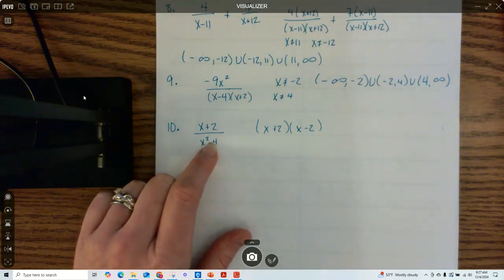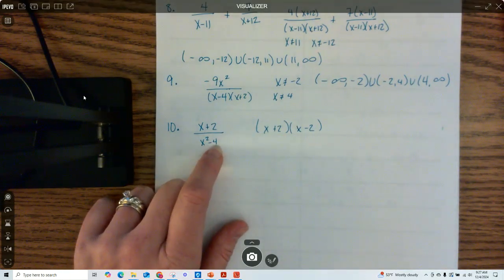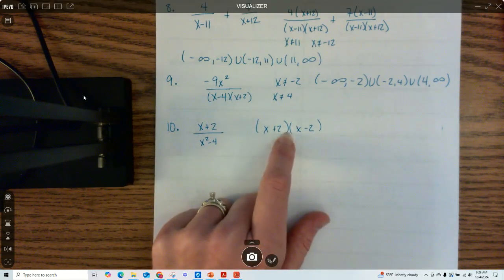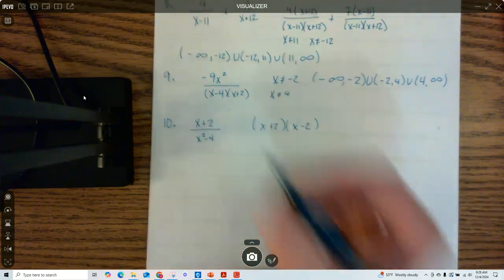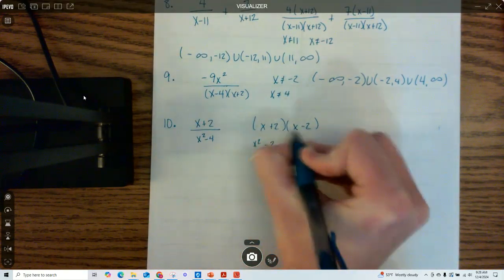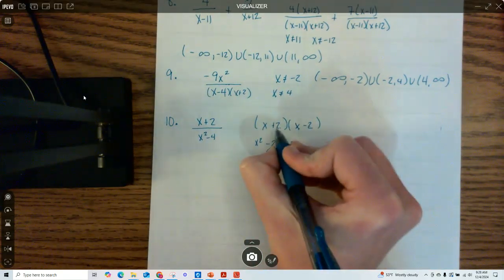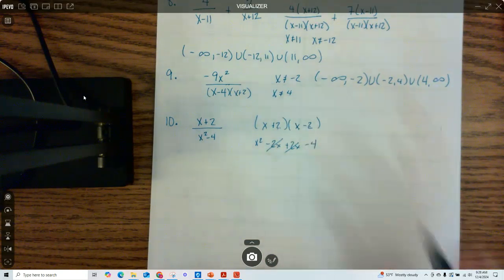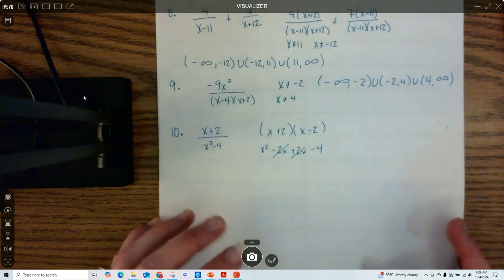A lot of times kids go, oh, I can't factor that. Anytime you have one like this, and it's minus, and then this number is a perfect square, you can factor it like this. And so if you multiply this back out, x times x is x squared, x times negative 2 is negative 2x, 2 times x is positive 2x. So those two things cancel each other out, and then 2 times negative 2 is negative 4. Your eyes just pick up on it and they catch it.